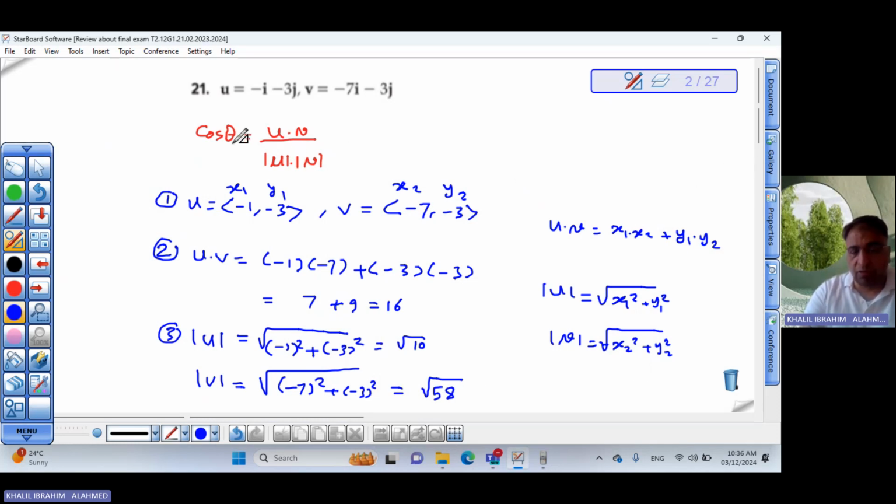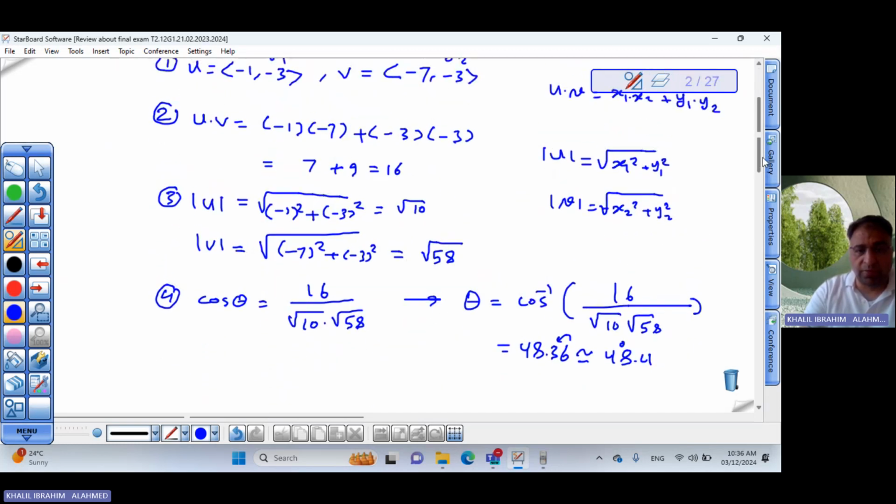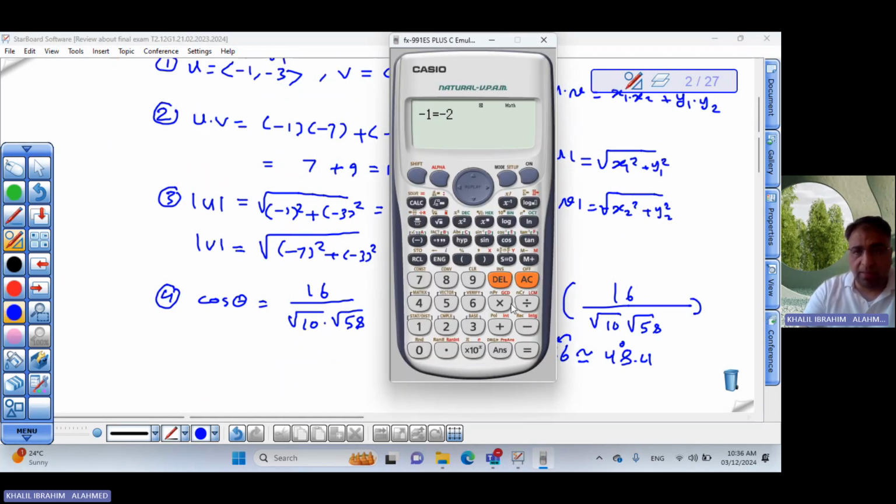Everything is ready. We can substitute in the general formula to find the angle between the two vectors. Cosine theta equals 16 over radical 10 times radical 58. You can use a calculator. How to use the calculator to find this?